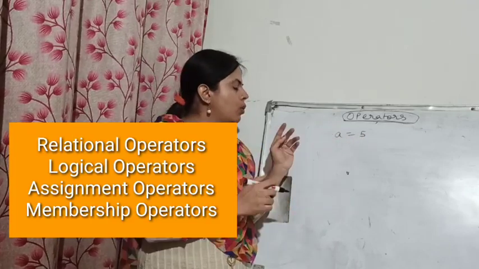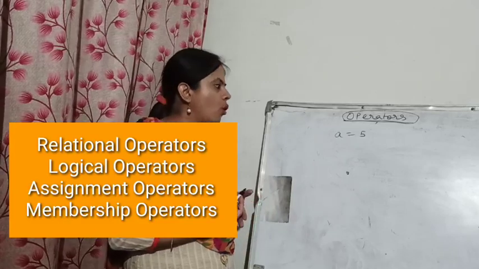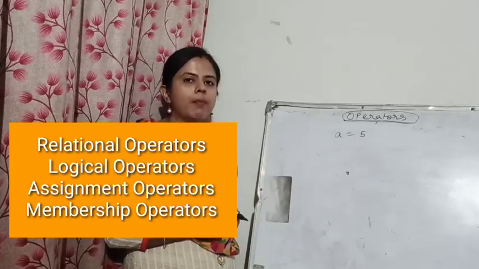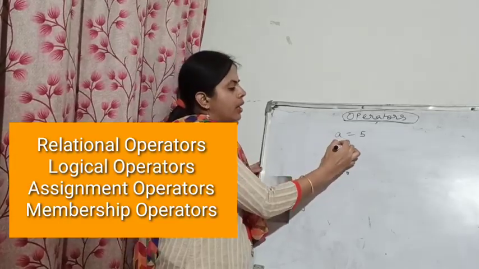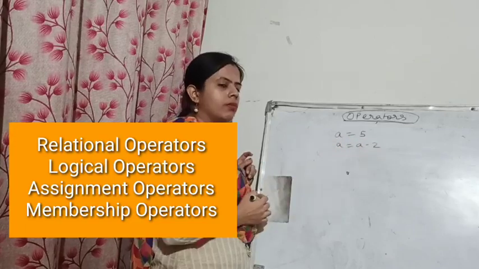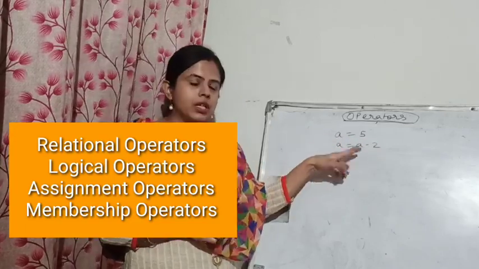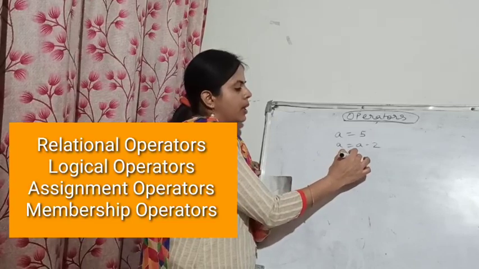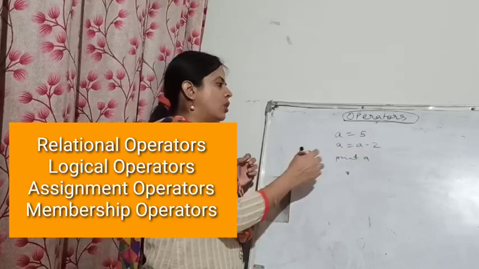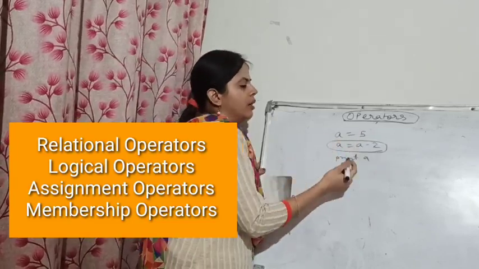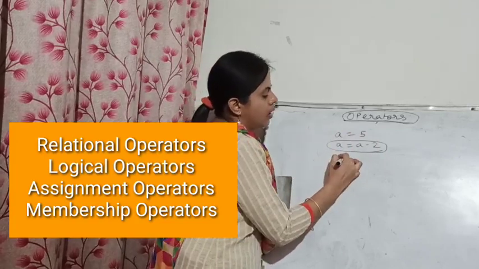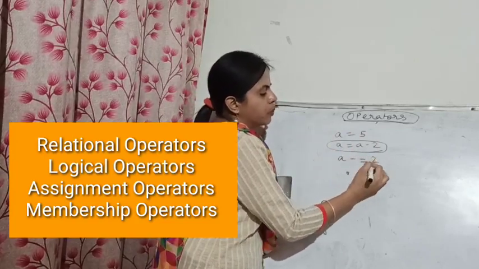Okay. Now suppose there is a requirement in the program that I want to decrease the value of a by 1 or 2, so I have written here a is equal to a minus 2. I can write here obviously like this, and I can print a. This can also be written like this, a minus equal to 2.